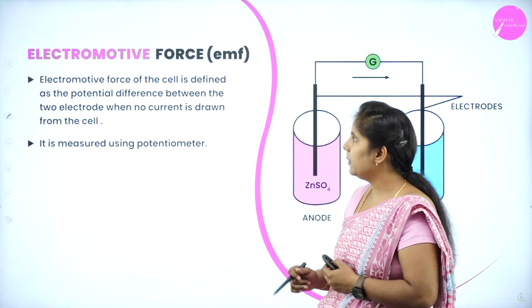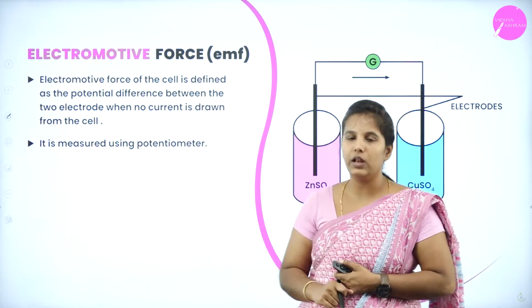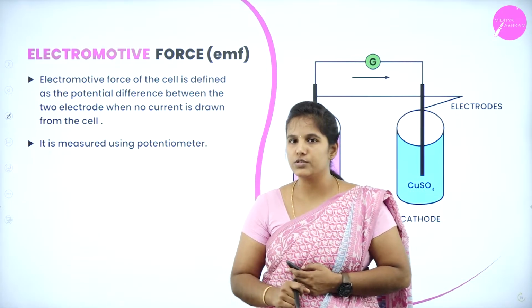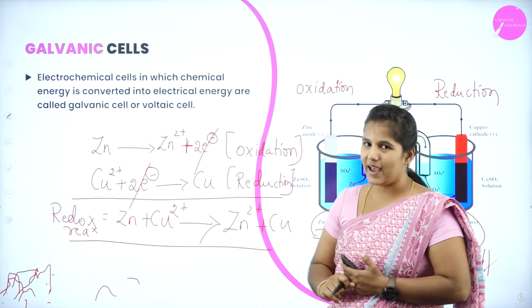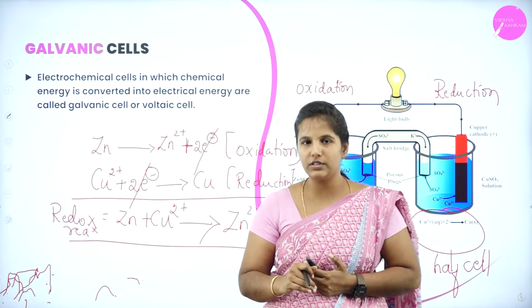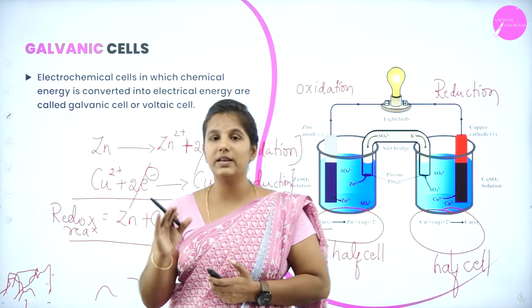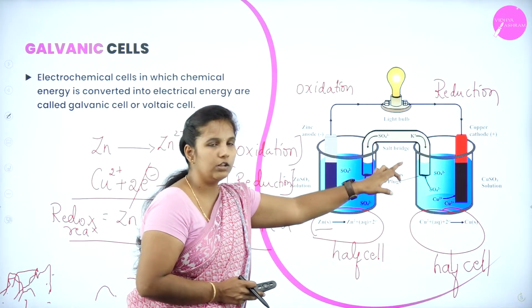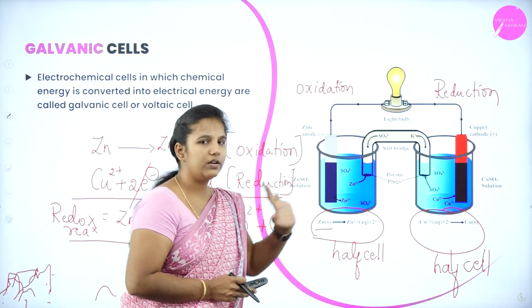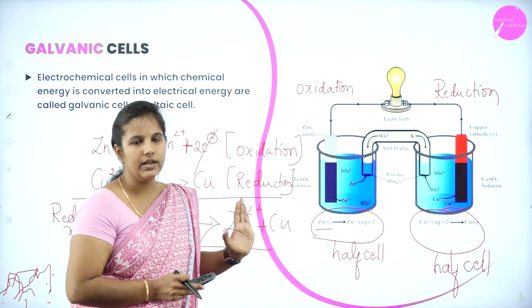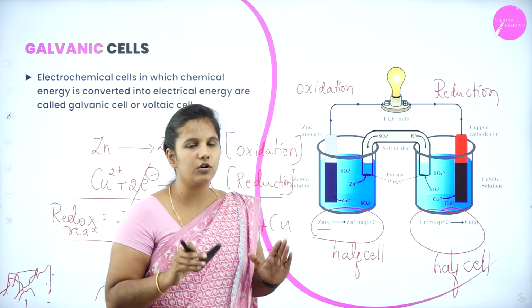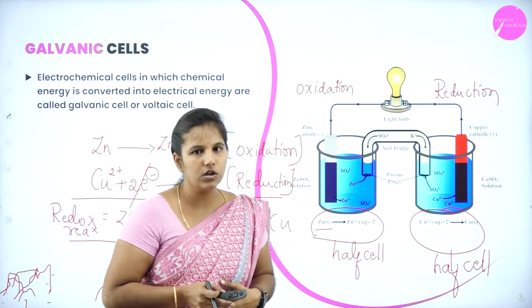Now we'll see about the electromotive force. Why do we need to understand this? Because in the galvanic cell, the electrons released from the zinc pass through the salt bridge and reach the copper electrode, where the copper accepts the 2 electrons and gets reduced to copper.